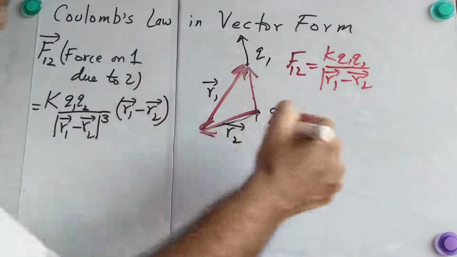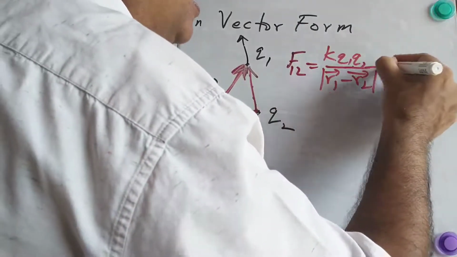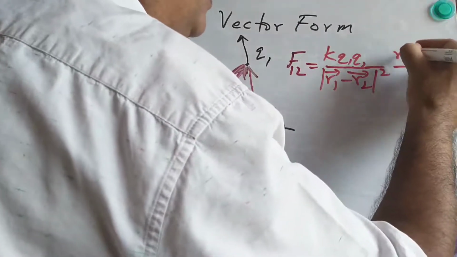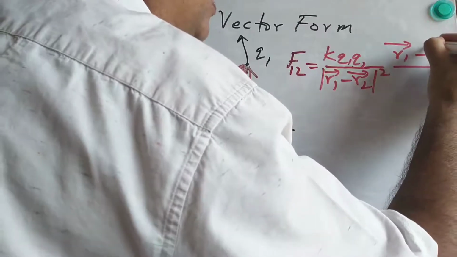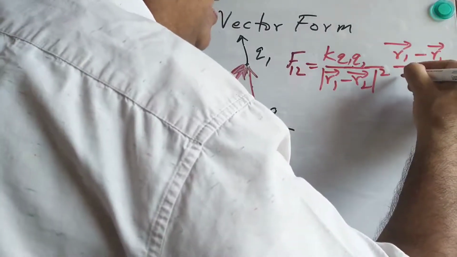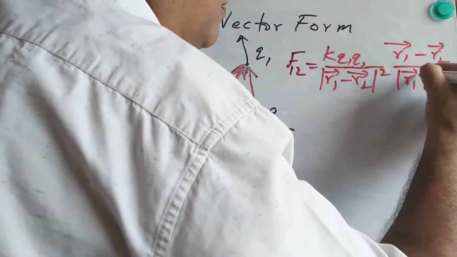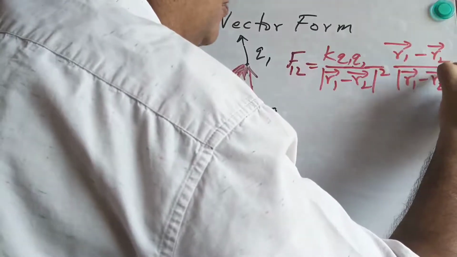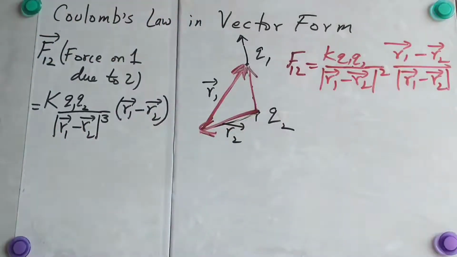So that is the distance. This we square it and multiply by the unit vector in that direction, that is R1 vector minus R2 vector divided by magnitude of R1 vector minus R2 vector, and this simplifies to this. So that is Coulomb's law in vector form.